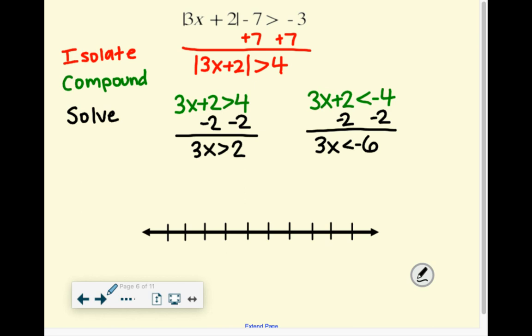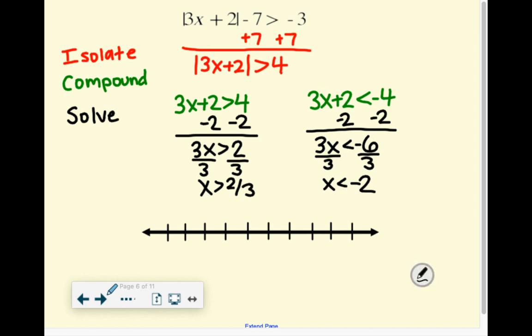Yes, because this side of the equation, the side with the x, is the same. So you don't really have to worry about whether or not it's going to be the same every time, because it is. So we're dividing by 3. Ooh, icky fraction, 2/3. That's all right, we can just leave it. x is greater than 2/3. Dividing by 3 over here, x is less than negative 6 divided by 3, negative 2.